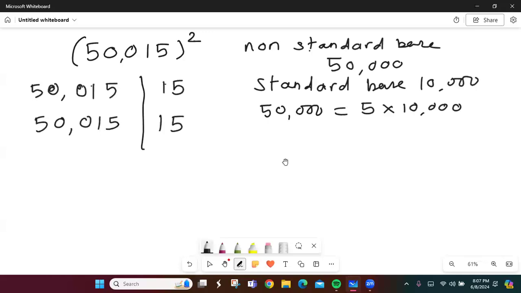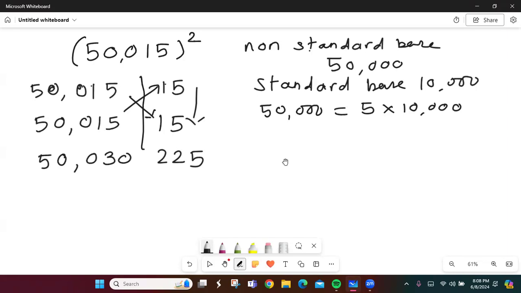So in the second column, we write 15 and 15, one below other. Now 15 multiplied by 15 is 225. And if I cross add, I will get 50,000 and 30.